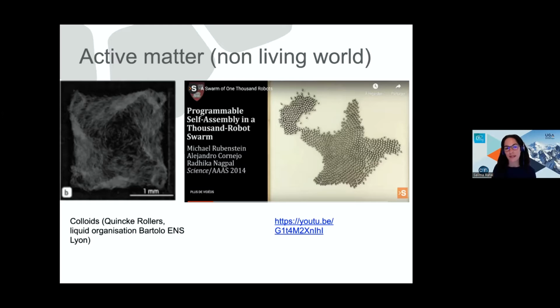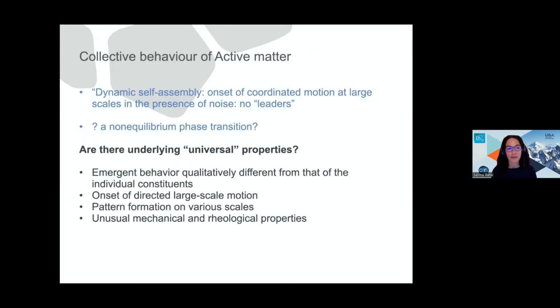What's intriguing, I think, for physicists is this collective behavior of active matter. It is a dynamically self-assembled system. And the questions usually turn around the onset of this coordinated motion at large scales: how to explain that we can have the emergence of this coordinated motion, and can we talk about non-equilibrium phase transition in this system?